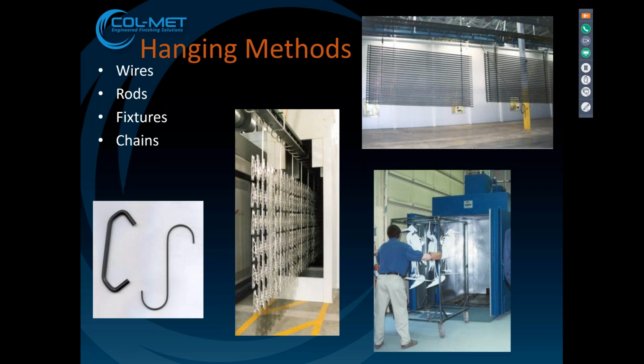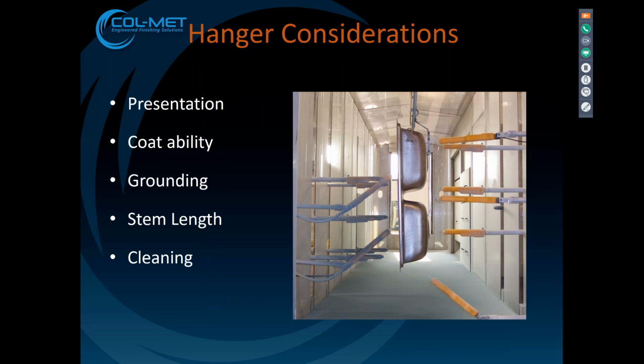The thing to consider with your hanging method is the presentation of the part to the application equipment, which speaks directly to the coatability. Are we going to easily be able to provide coating to all of the areas that we need to?